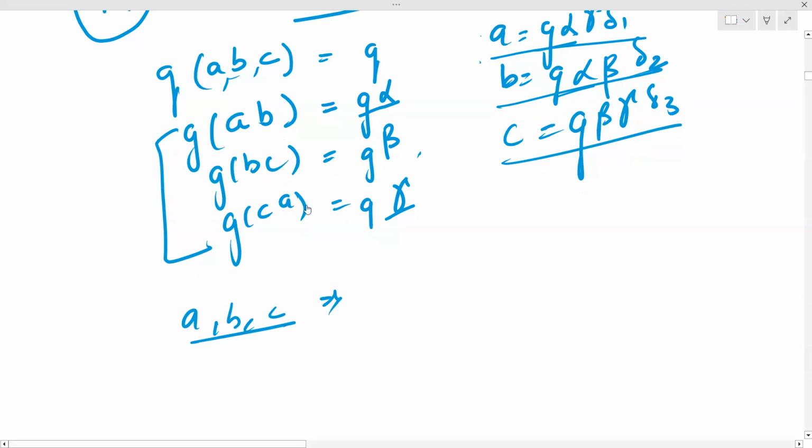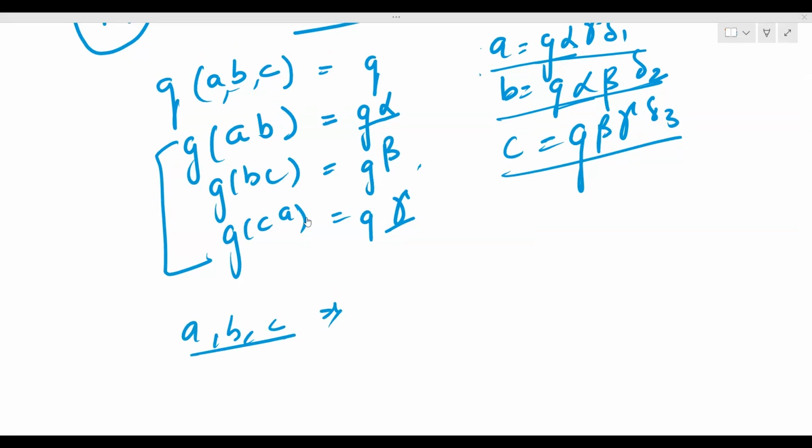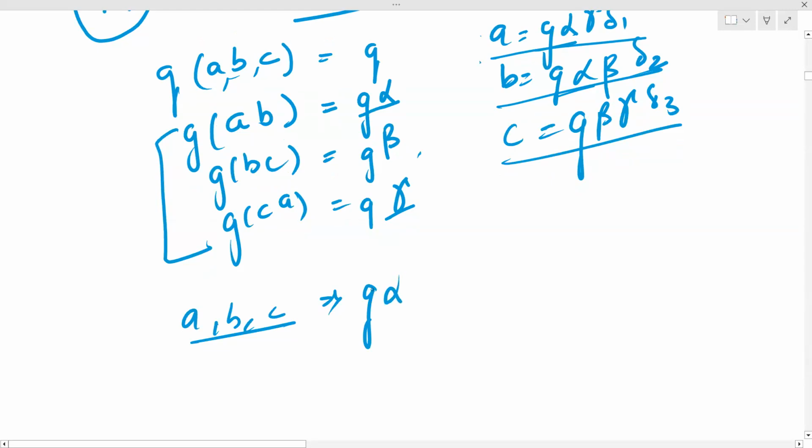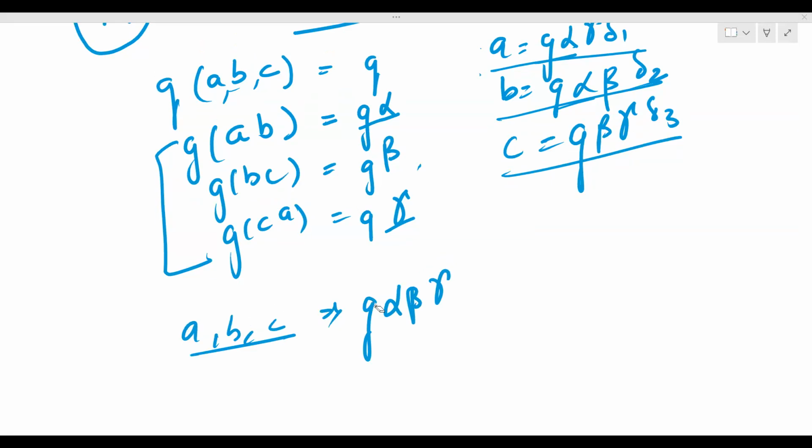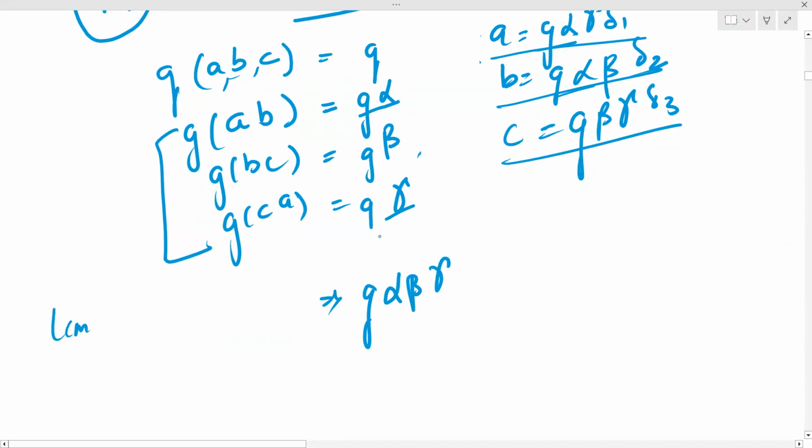It is G times alpha, beta, gamma. All these factors will come once. I'm writing LCM of AB plus LCM of BC plus LCM of CA, right?